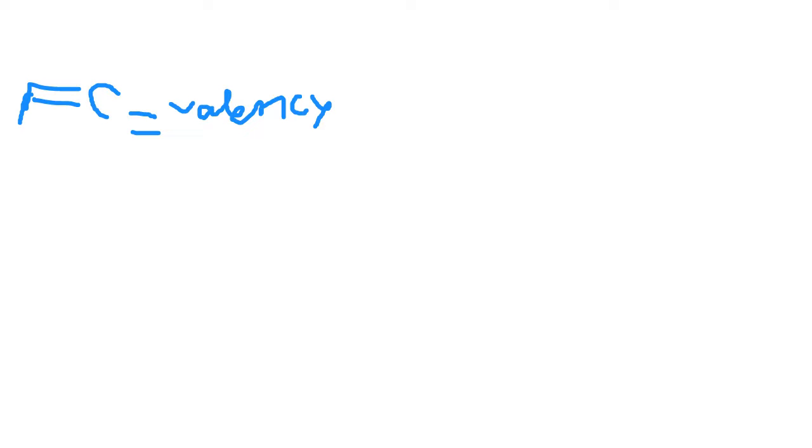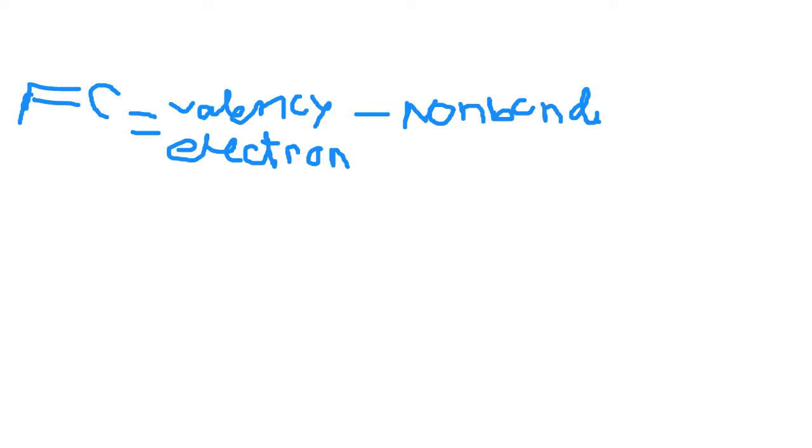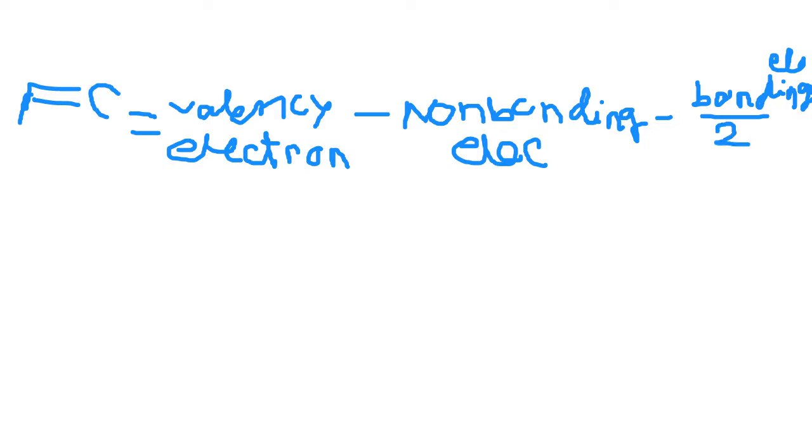Please do not mind my writing, it's very difficult with a mouse. The electrons they share to make a bond have contributions from both atoms, correct? That's why bonding electrons are divided by 2.